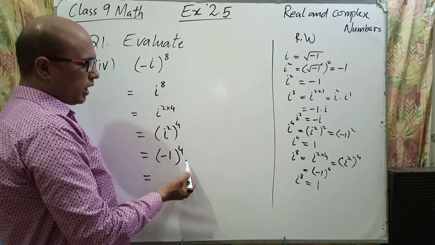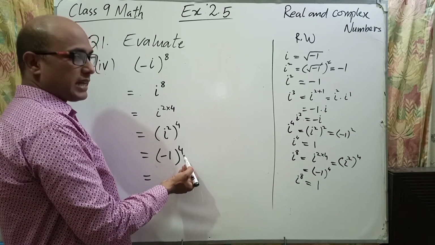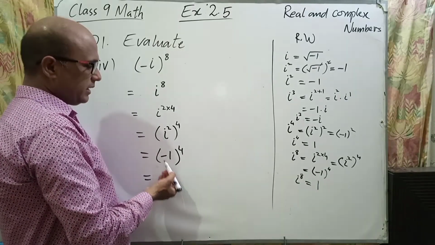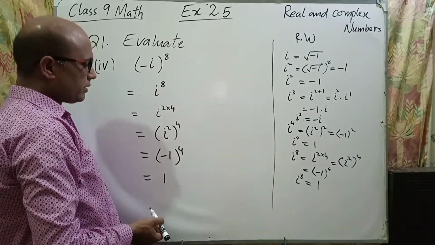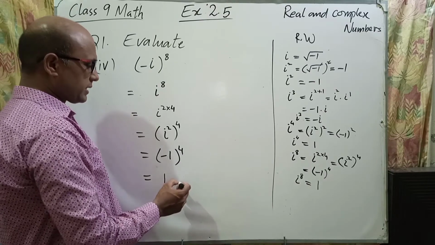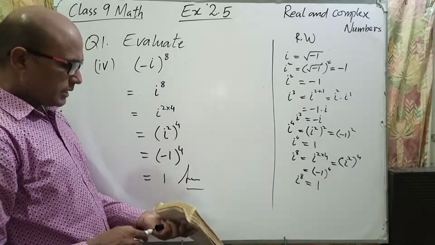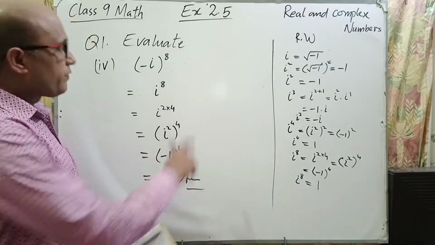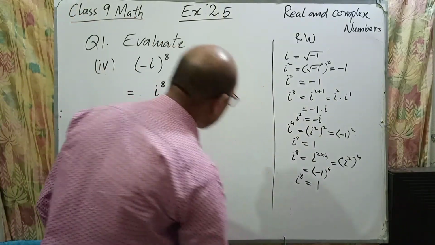And because 4, which is the exponent of minus 1, is an even number, so 1 will remain 1, but minus sign will be removed. So this is the answer. This is the fourth part of question number 1 of exercise 2.5. Let's do the next one.